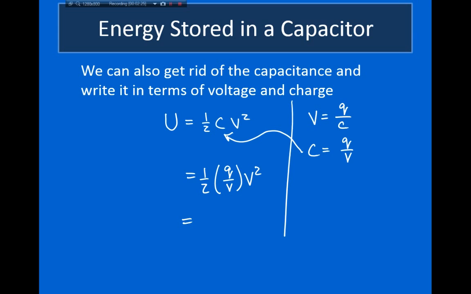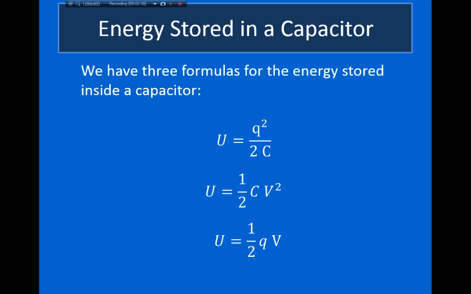Or in other words, it's 1/2 Q V. So this is just another way that we could write the total energy stored on the plates of a parallel plate capacitor. So altogether, there are 3 different formulas that we can use to calculate the energy stored on a parallel plate capacitor.